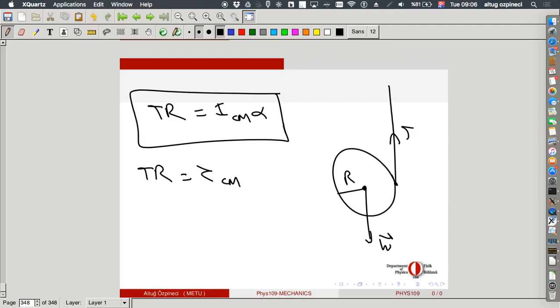If we try to write the torque around the center of mass, the weight does not contribute. It's only this tension that contributes. So the total torque around the center of mass is just T times R, and this is equal to I center of mass times alpha.